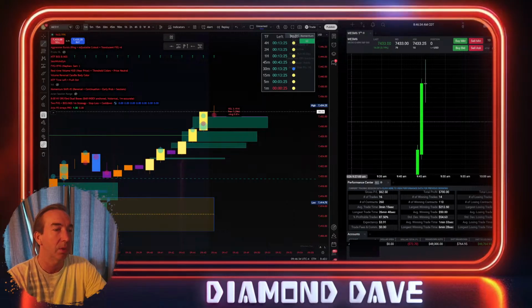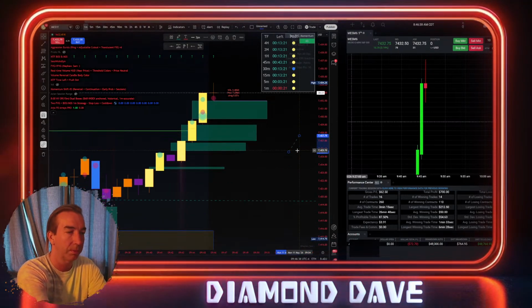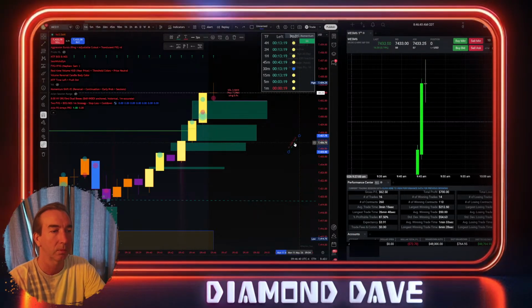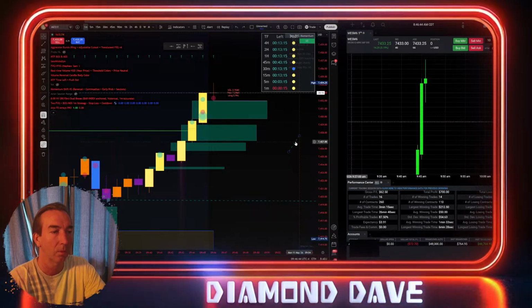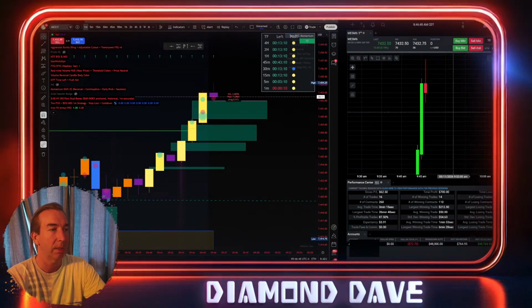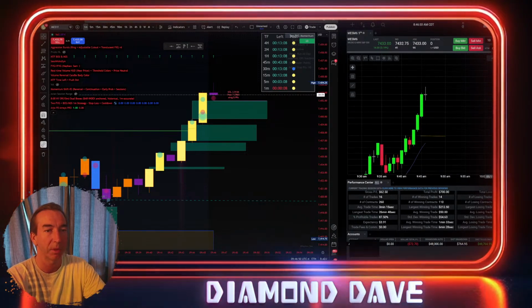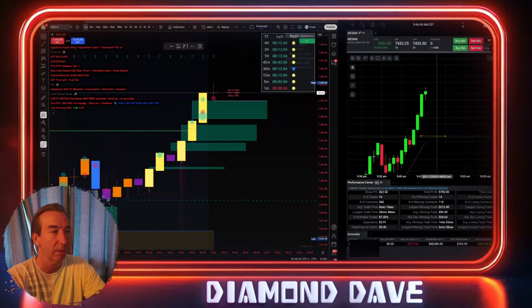We got some aggressive sells starting to pop in here. Big wick down, so that's looking like the start of a potential reverse. If I entered, I would want to wait till here.